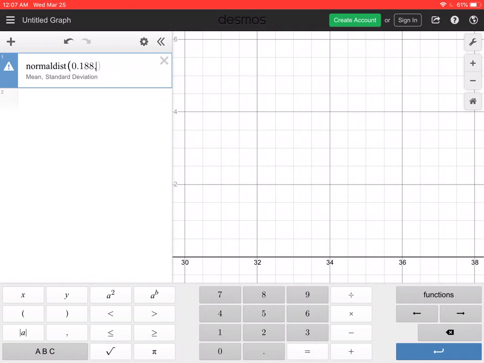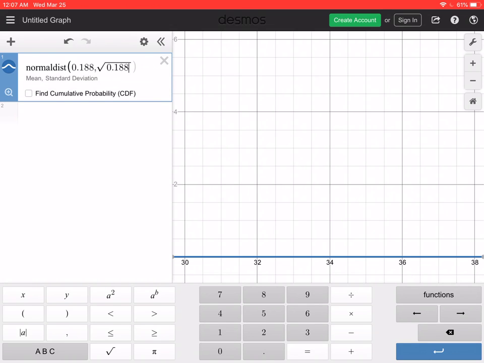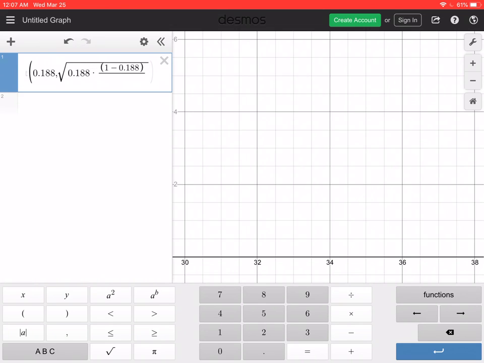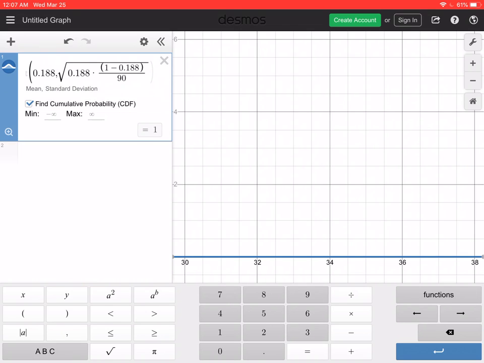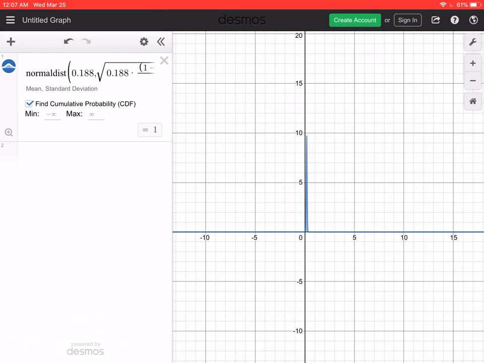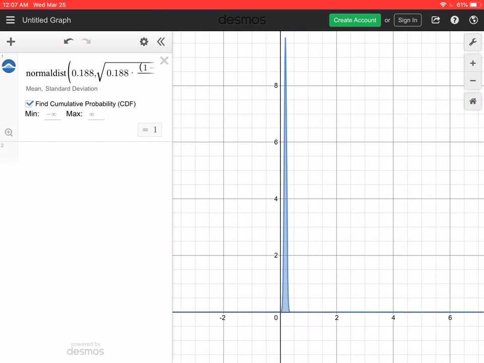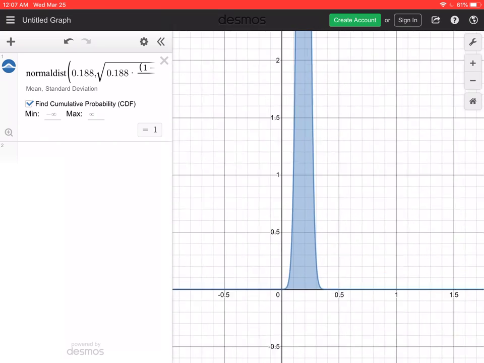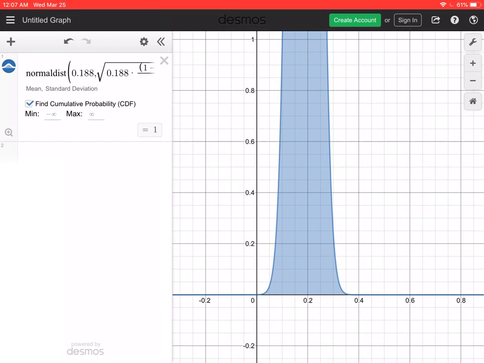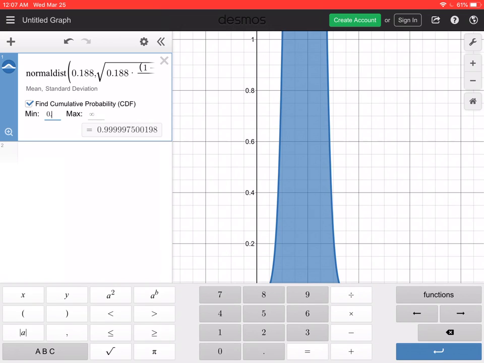Standard deviation was, go ahead and use the exact one, square root of 0.188 times 1 minus 0.188 over 90. Find the cumulative distribution there, which is going to be down in here. So here's our curve, right? Our bell-shaped curve, centered around 0.188, and we're looking for the probability of it being at least 19%, so at least 0.19.